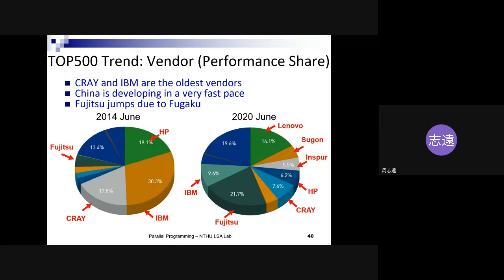Especially notice this percentage is calculated by performance share, not in terms of the number of machines. So for Fujitsu, it's also a very famous company. It is one of the earliest companies to develop supercomputers and processors on its own. So the performance share for Fujitsu also increased a lot, because of that top rank machine.